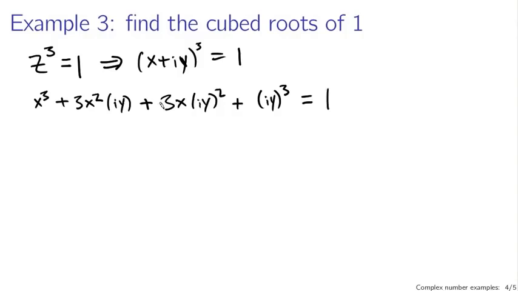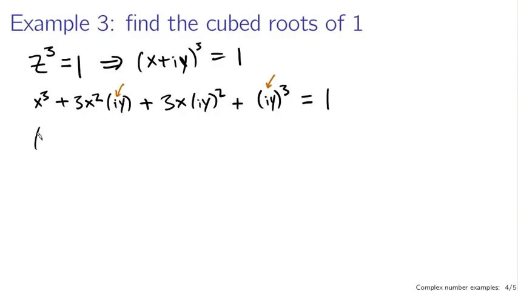Now, looking at these expressions, here we have an iy, here we have an iy squared. This is going to give me an I squared, which is going to be a minus sign. And here I have an iy cubed. This is going to give me an I cubed, which is going to be minus I. So I have two complex parts and two real parts.